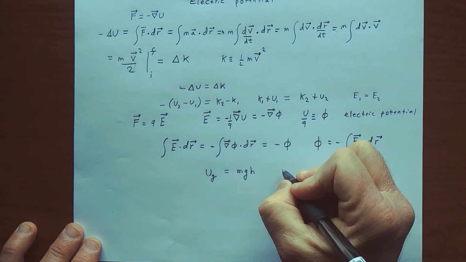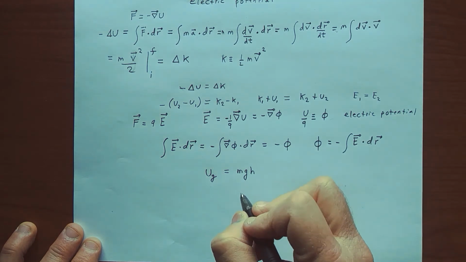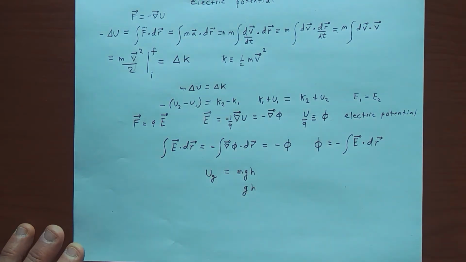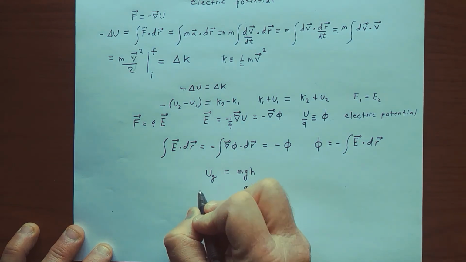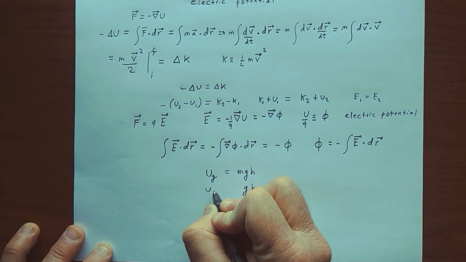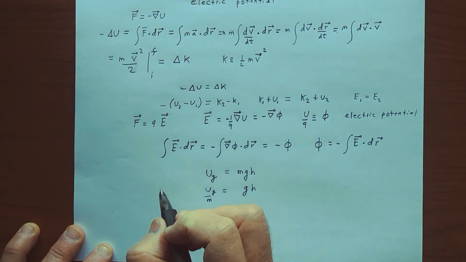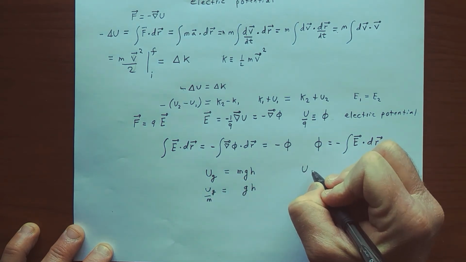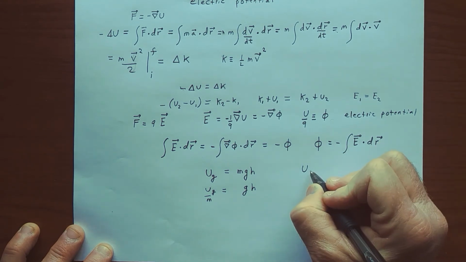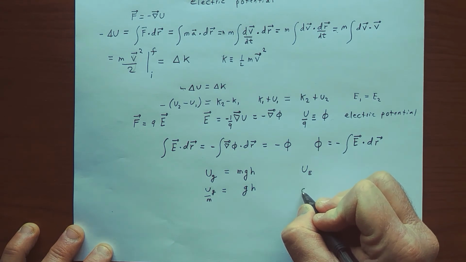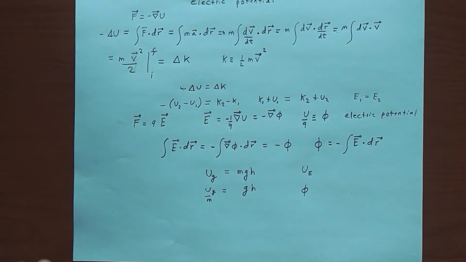And if we think of the gravitational potential energy per unit mass, that would be the equivalent of the gravitational potential, right? Very similarly, we have electric potential energy, and phi, which is that per unit charge.